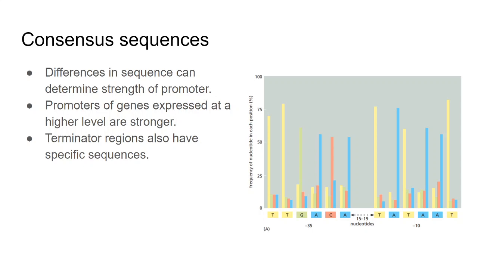And these hairpin loops are what help in the dissociation of the RNA polymerase from the DNA template in a prokaryote. This is not what occurs in eukaryotes, we're talking about prokaryotes right now.